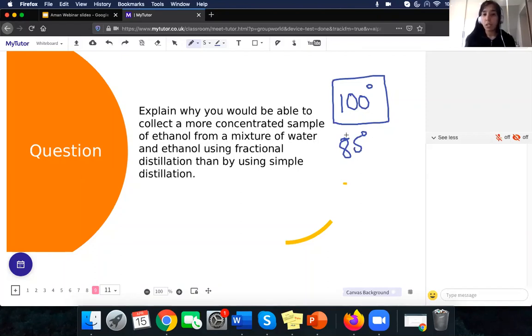So the fractional distillation column prevents that water vapor from entering the condenser. Instead, it makes it drip back into the flask, whereas in simple distillation, there's no fractionating column. So those water particles that have started to evaporate before the boiling point will effectively end up in our separation of ethanol and water, which we don't want. We want pure ethanol. So exactly correct.